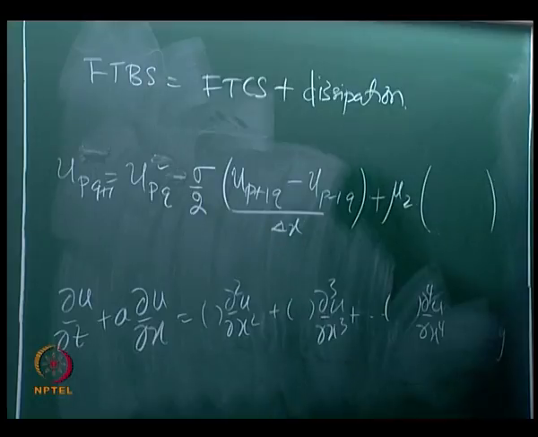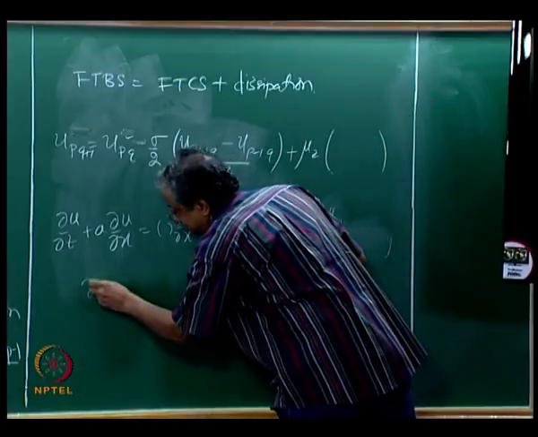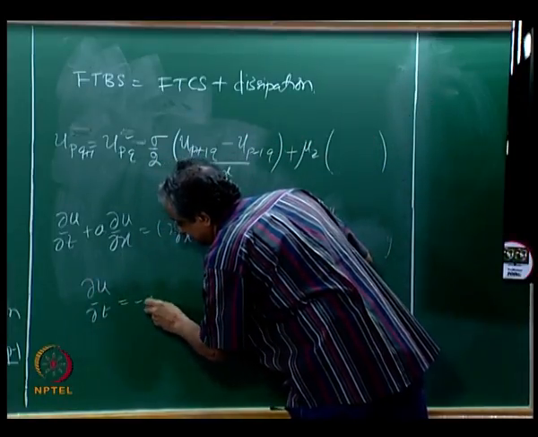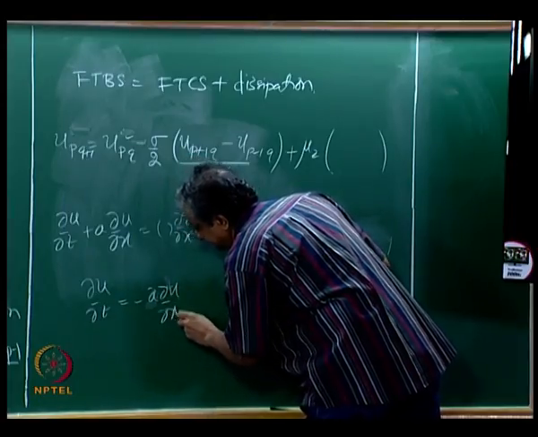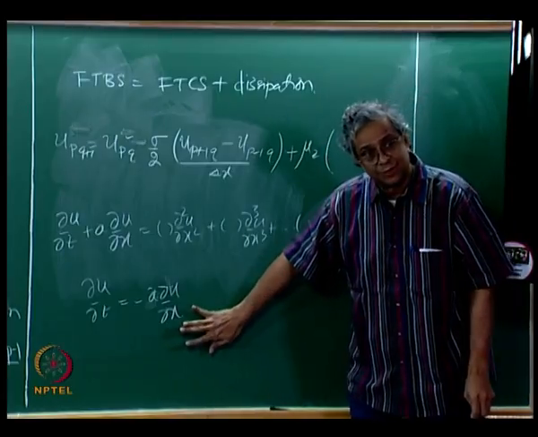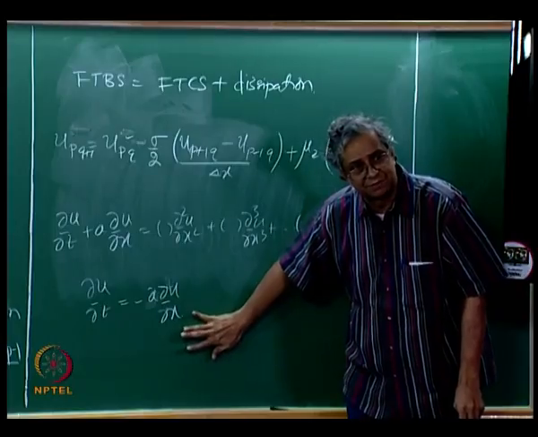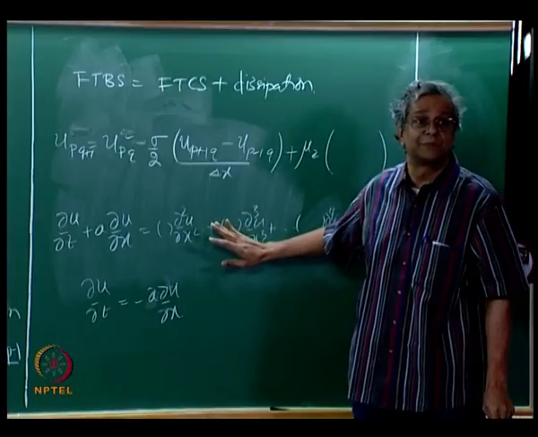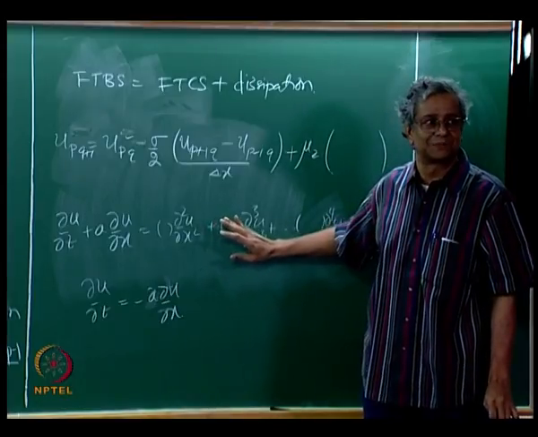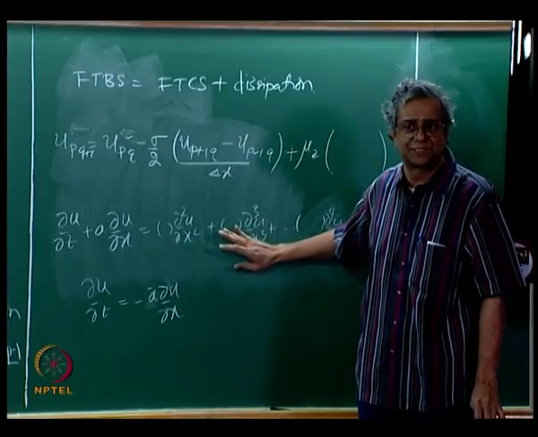To determine what term needs to be added, you have to use the modified equation derived from the original equation, eliminating the time derivatives using the original equation, and not the modified equation derived using the modified equation.